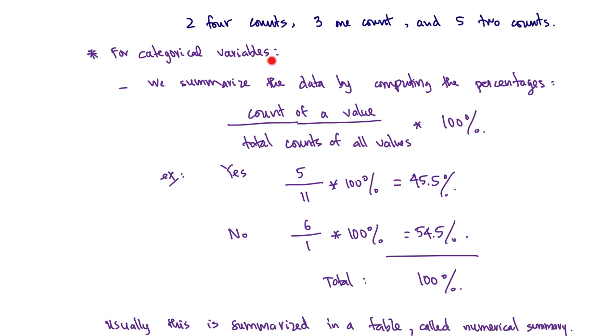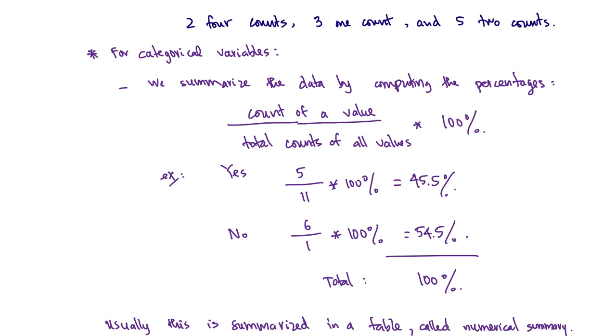For a categorical variable, which is the first example, we summarize the data by computing the percentages. The percentage is computed using the count of a value over the total count of all values. For example, for the value yes, we counted 5, and we had 11 responses in total, so 5 over 11 times 100 is 45.5%.